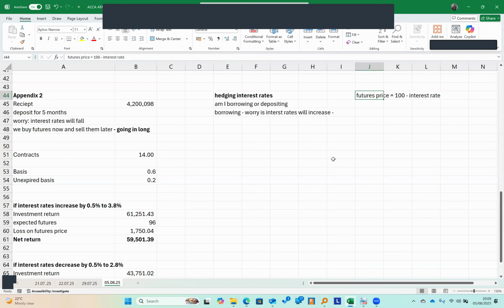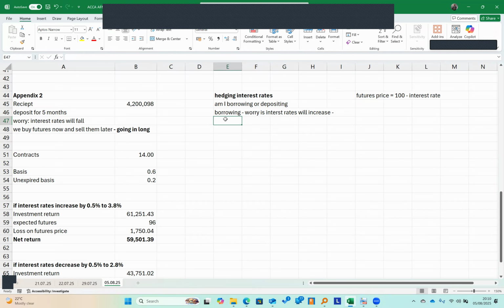Now, if you worry that the interest rate will fall, that means, okay, in this case, let's start with the first person borrowing. If you worry that interest rate will increase, it means that futures price would fall. And the best way to benefit from that is that if you know that futures price will fall, better to sell now and buy them later when they are falling.